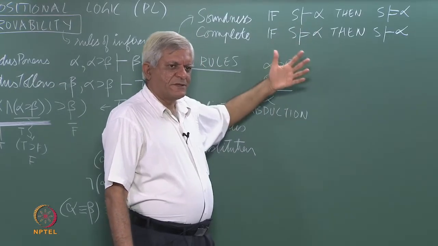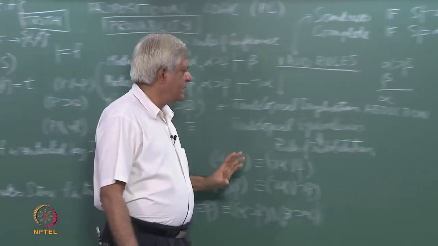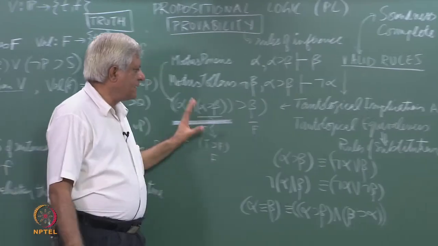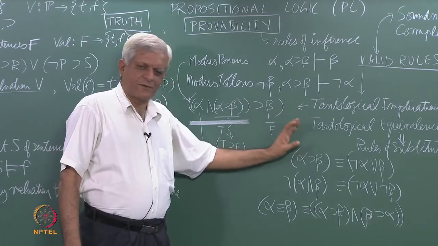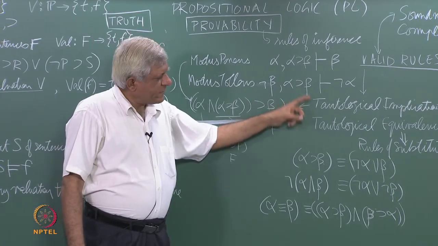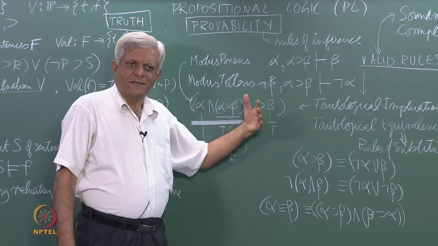When is my logic machine sound? Provided I use valid rules of inference, and the valid rules of inference are characterized by tautological implications or tautological equivalences, and corresponding to each tautological implication we can construct a rule of inference.